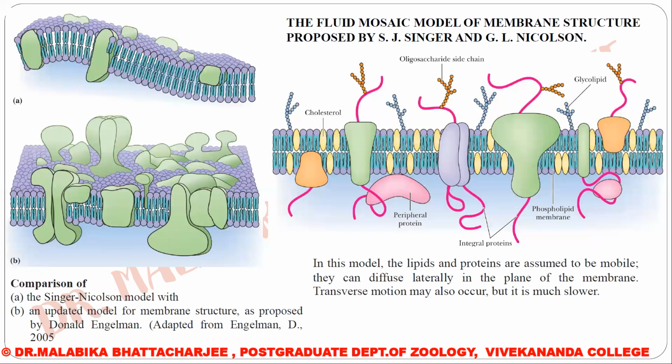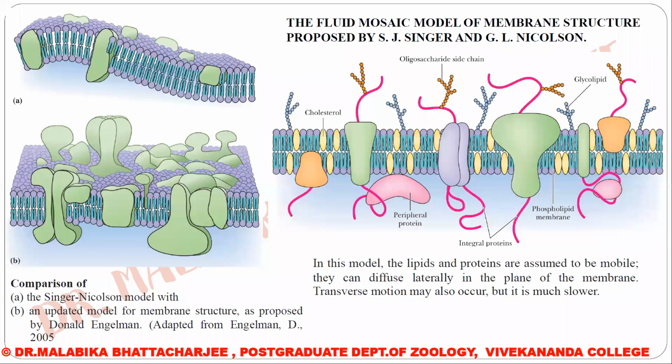One category is the peripheral proteins, which remain attached to either half of the bilayer, anchored to the inner half or to the outer half. And we have proteins traveling through the bilayer, the integral proteins.